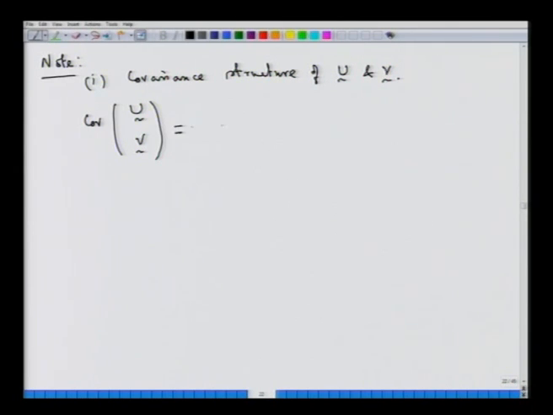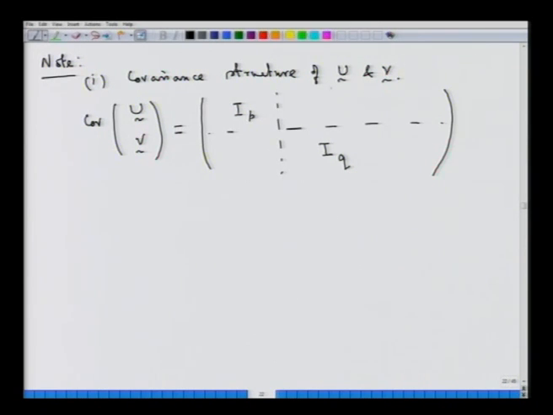This is going to be given by the blocks which I write in here. The first block is the covariance matrix of the u vector. By the previous result, this is just an I p matrix. Now, the covariance matrix of the v vector is nothing but an I q matrix here.